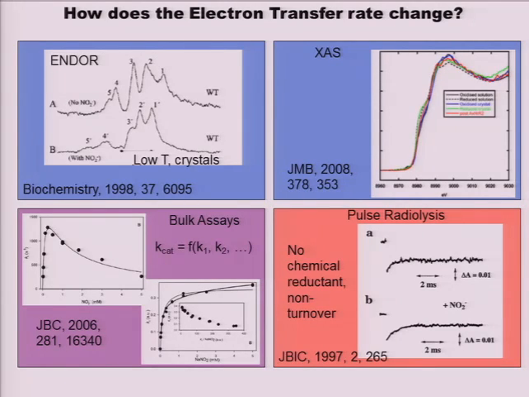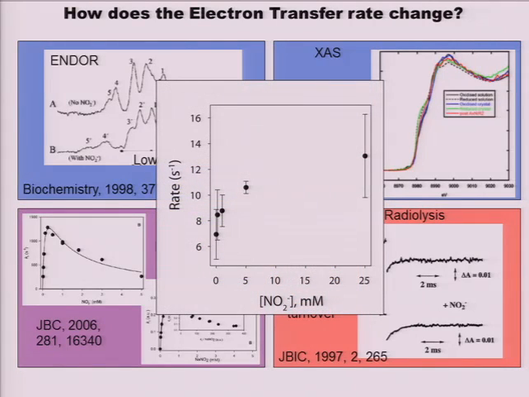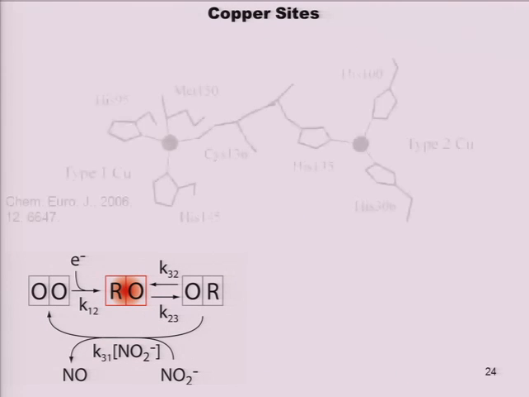They were done under turnover conditions, but all of these values, including the electron transfer rate, were a function of 11 different parameters. You couldn't get that value directly. By doing the measurement in solution, one molecule at a time, we pull out this number directly and say pretty clearly the electron transfer rate increases as a function of substrate concentration. So that's pretty gratifying. Okay, so why?